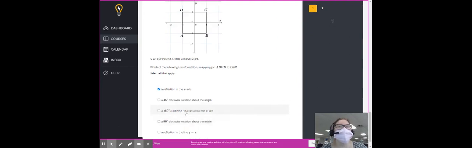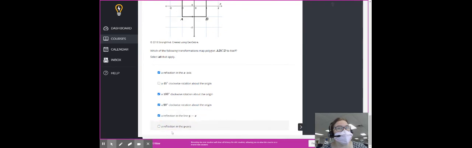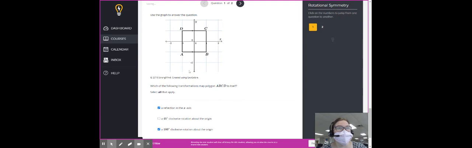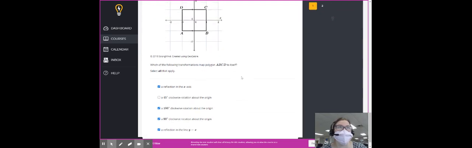Can't be that. 180 would just flip it around all the way, be the same thing. 90, since it's a square, would go back up to the same thing. If we reflected across this diagonal line right there, because it's a square, those are going to line up perfectly. So it's also that one. And across the y-axis, fold it in half on the y-axis, that would work also.